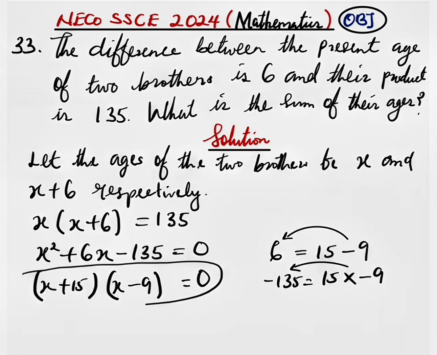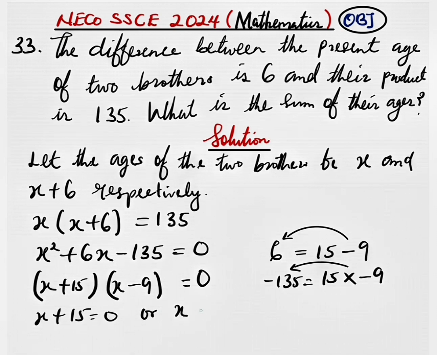Now for this statement to be true, it's either x plus 15 equal to 0 or x minus 9 equal to 0. So x from this side will be equal to negative 15, because when this crosses to this side, it becomes negative 15, or x equal to, when this crosses, it becomes positive 9.